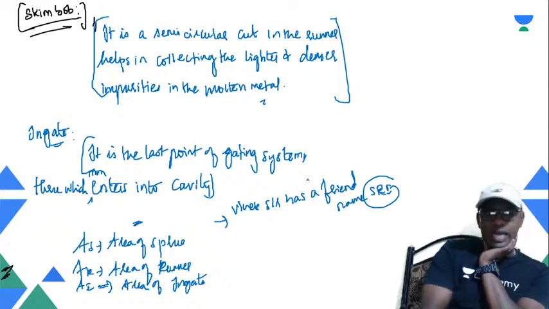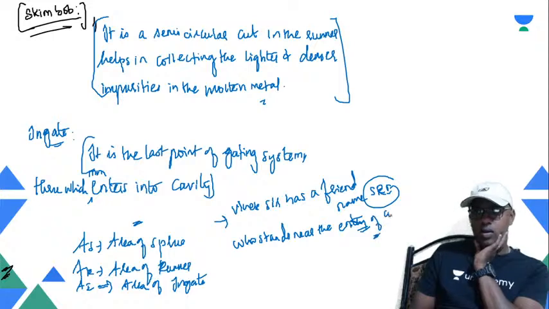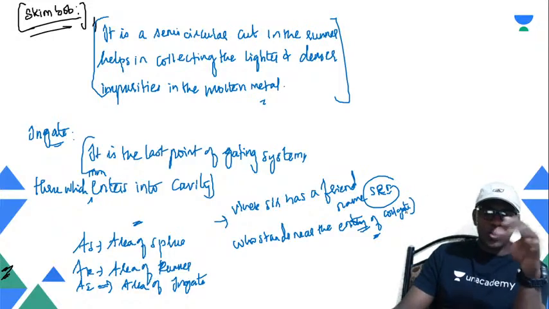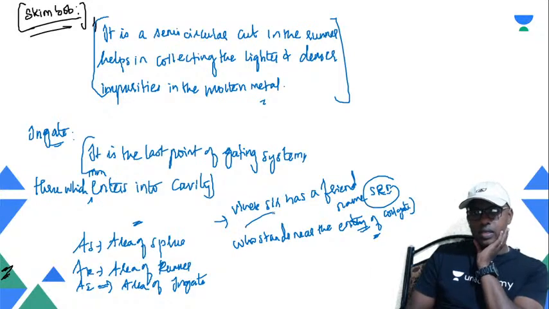Who stands near the entry of the college gate, or whatever you can say. Every time Sri used to come before Vivekanandan Sir. So which means Vivek Sir's friend is Sri. You can remember the Sri for sprue, R for runner, and I for ingate.